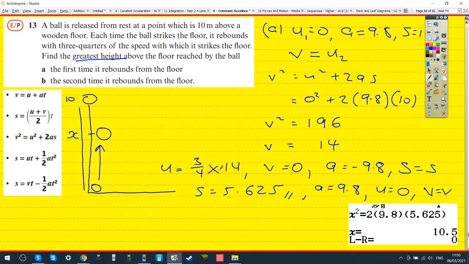So we times it by 3/4, which is 7.875. And then V is 0. A is minus 9.8.